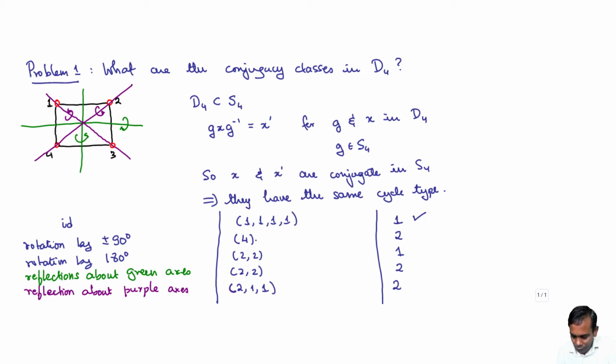Okay, and rotation by plus or minus 90 degrees, well, they are the only 4-cycles. So either these 2 elements are in the same conjugacy class or they are in different conjugacy classes. But let's look at this rotation. 1 goes to 2, 2 goes to 3, 3 goes to 4, and then we have another rotation which is 1 goes to 4, 4 goes to 3. Well, maybe I'll write it in the same order.